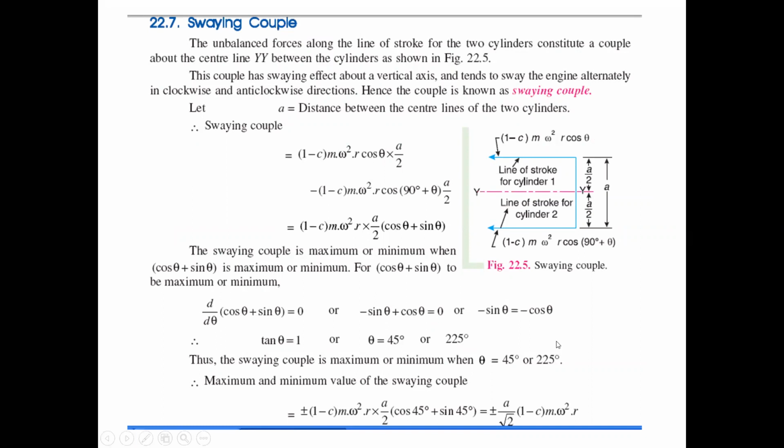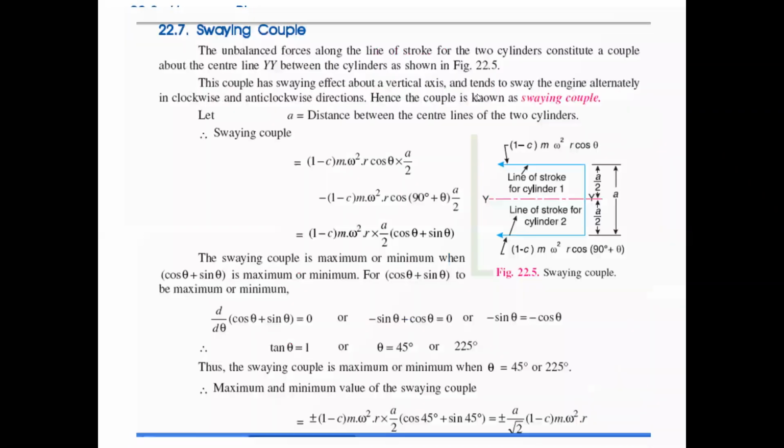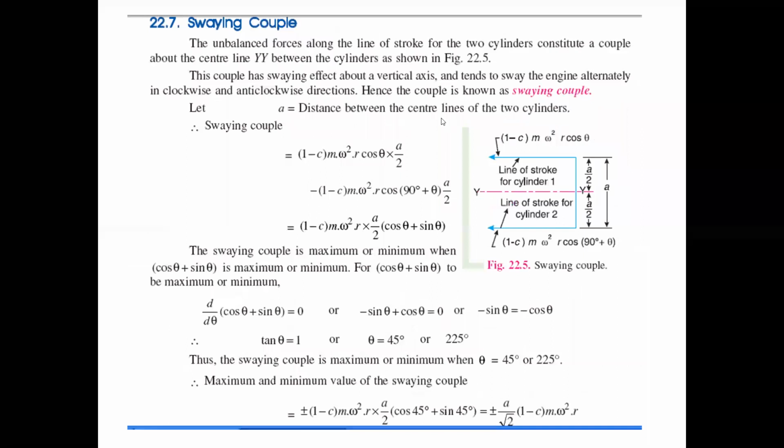Here the couple has a swaying effect about the vertical axis and tends to constitute a couple between one cylinder and the other, because one crank is rotating clockwise and the other is rotating anti-clockwise.